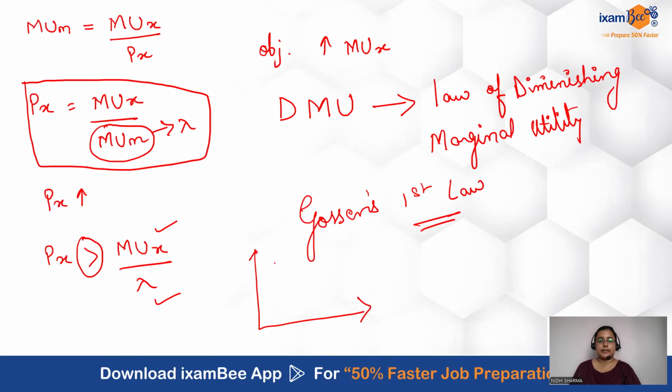That if we increase the consumption, Q of X, then your MUX goes on declining. That's why we get a downward sloping MUX curve.